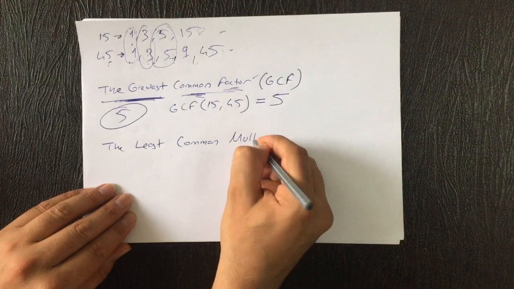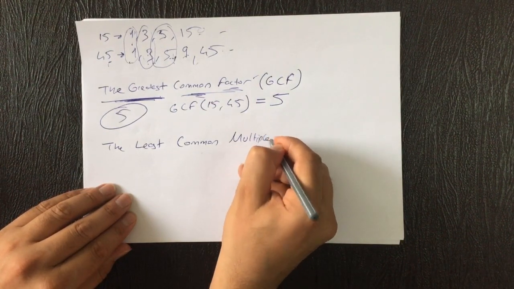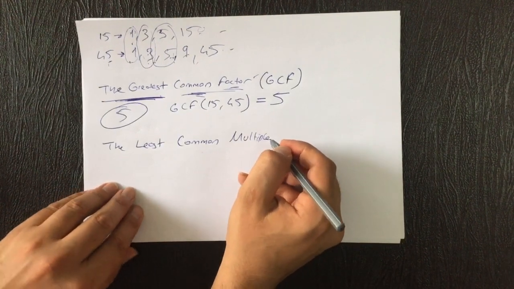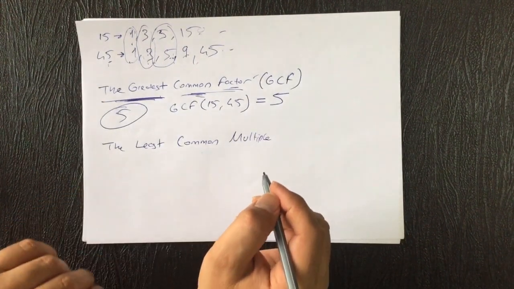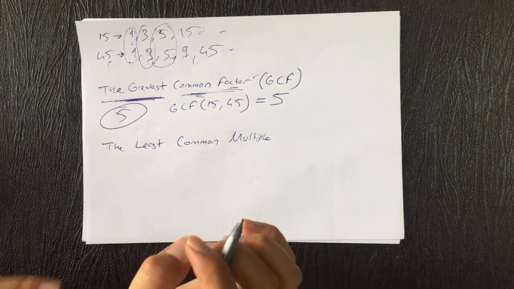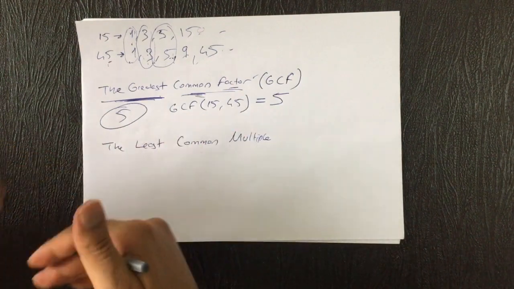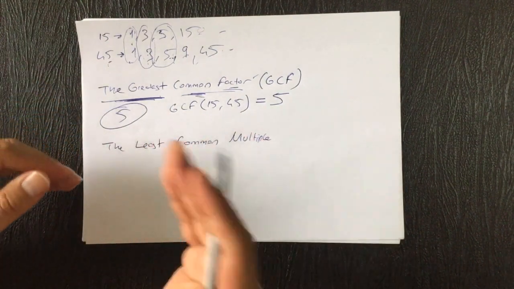This is multiples. We will try to find the least common multiple. What is a multiple? It's multiple. You are making times for the numbers.